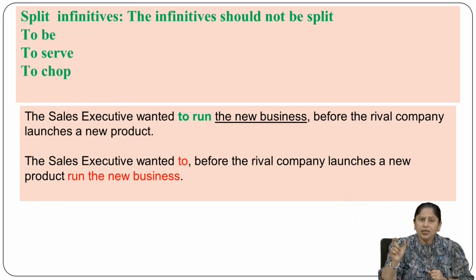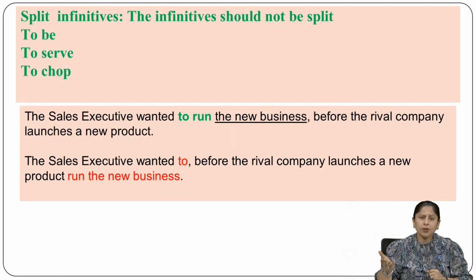If splitting of the infinitive comes, then one should eliminate it, one should avoid it and write it in the way in which it is written over here in the first sentence. The sales executive wanted to run the new business before the rival company launches a new product.